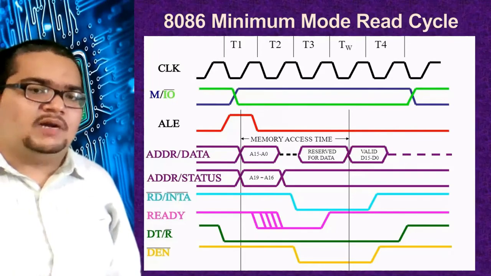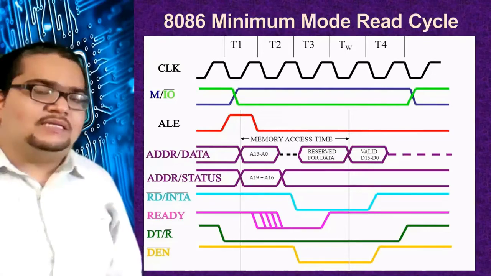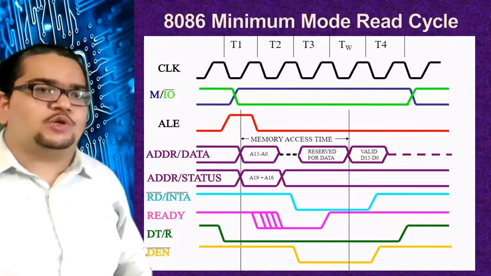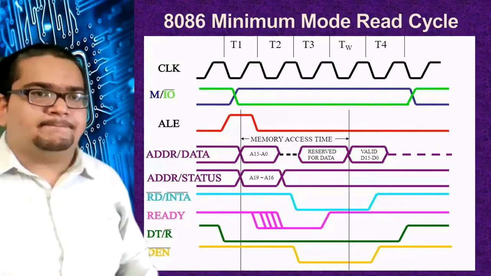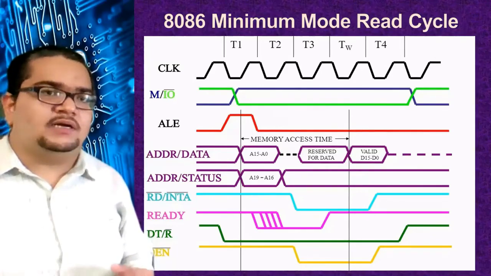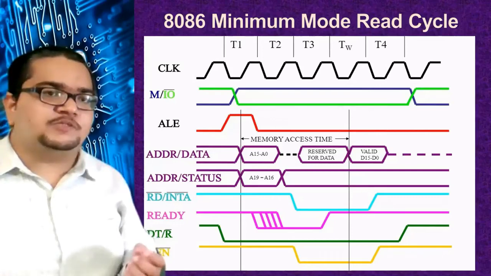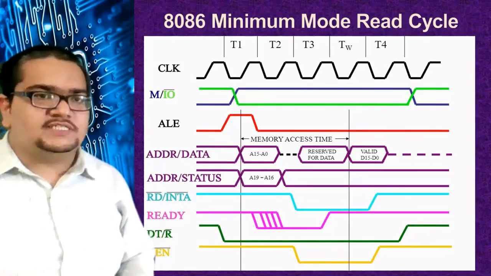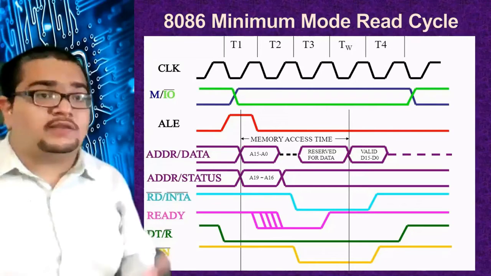Specifically, check out this ready signal. Multiple transitions from high to low are available here. That is because of the synchronization of that slower device with the memory. We can't say how slow that device will be. There is no specific standard of speed. Some devices will be slow, some devices will not be that slow.